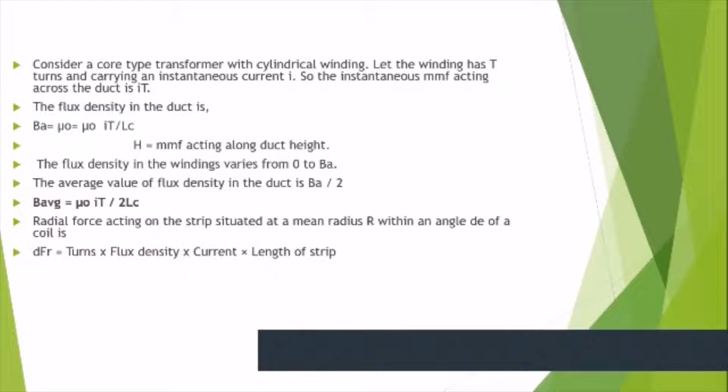The radial forces acting on the strip situated at a mean radius r within an angle of coil is: you can see dFr is equal to turns into flux density into current into length of strip.